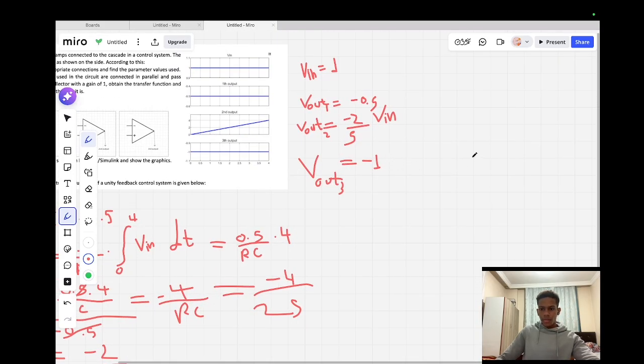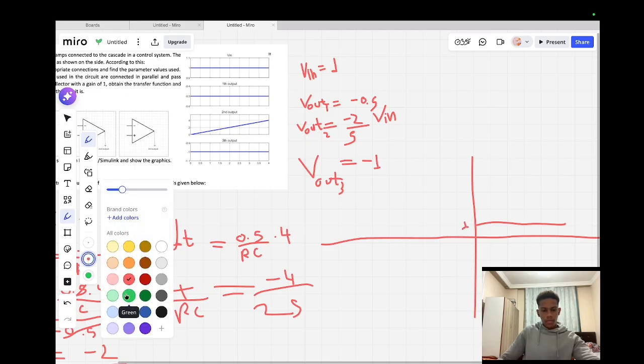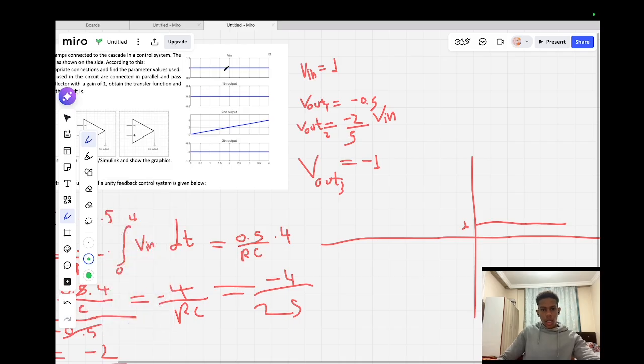So the final diagram: firstly, the input is like this, at 1. The output from the first stage will be shifted by 0.5.